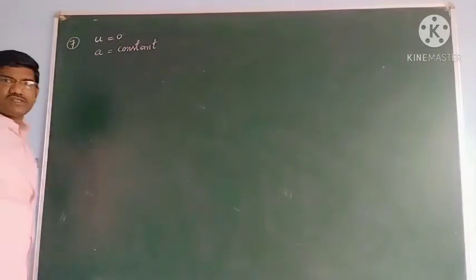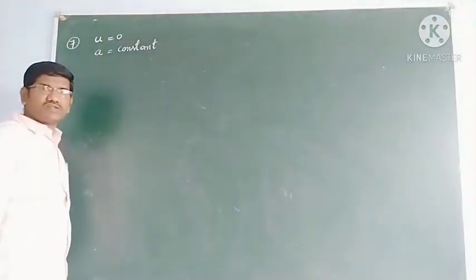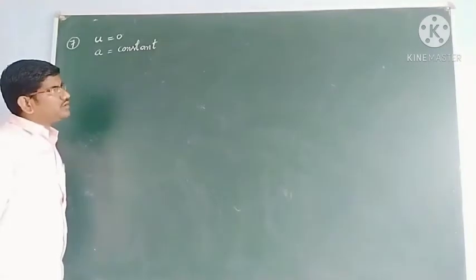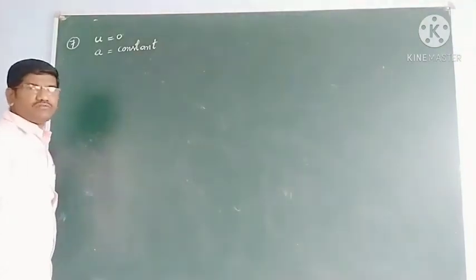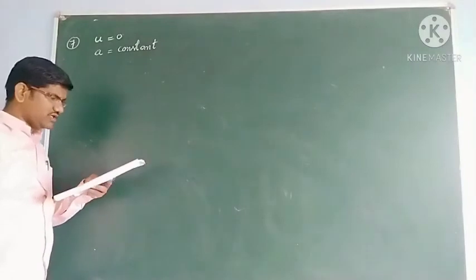Okay students, an object starts from rest, so u is 0, and it moves with a constant acceleration, so a is constant. Then what is the question? Find the ratio of distance.